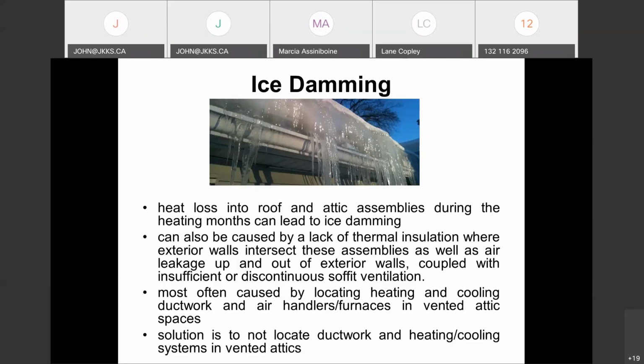Most often it's caused by locating heating and cooling ductwork in the attic, which is not a good spot for it. We'll talk about the heating and cooling aspect a little later. Certainly a solution is to not locate the ductwork and heating and cooling systems in vented attics, and to make sure that the overhang is ventilated.